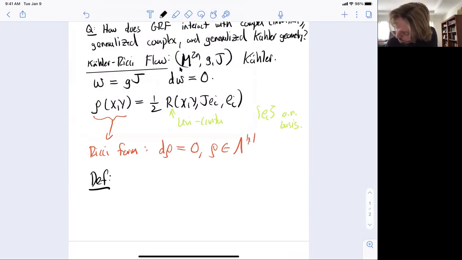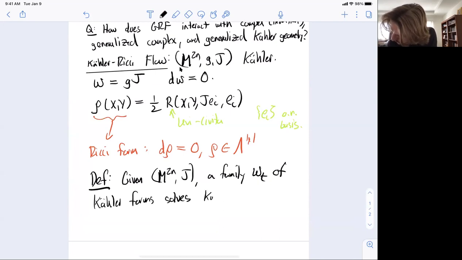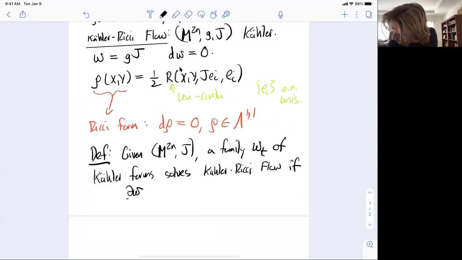Given (M^2n, J), a family omega_t of Kähler forms solves Kähler-Ricci flow if we have the following equation: partial omega over partial t is minus rho.